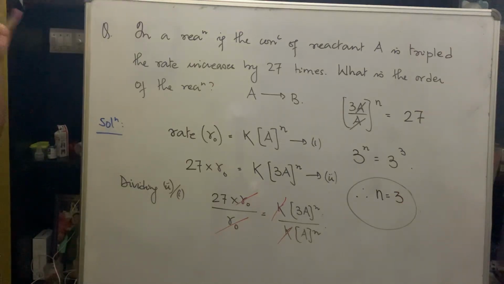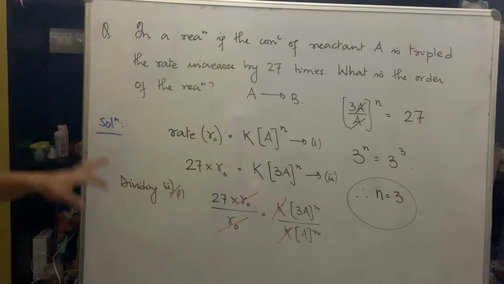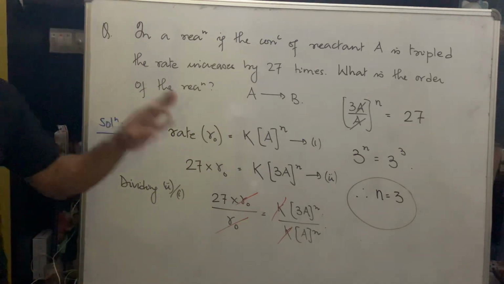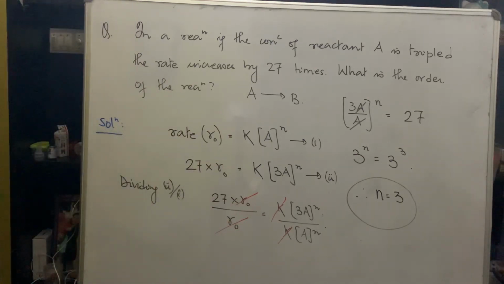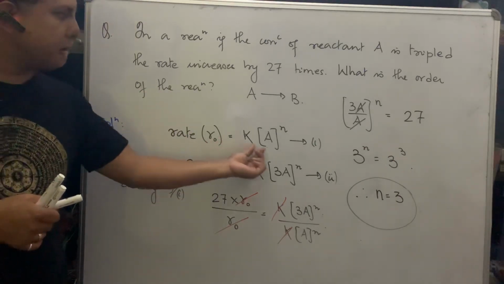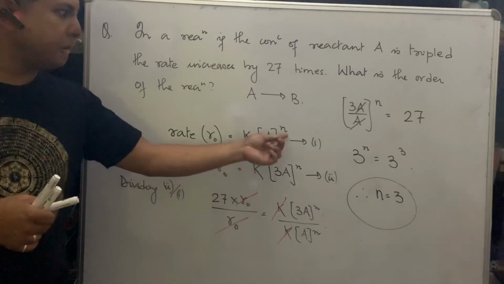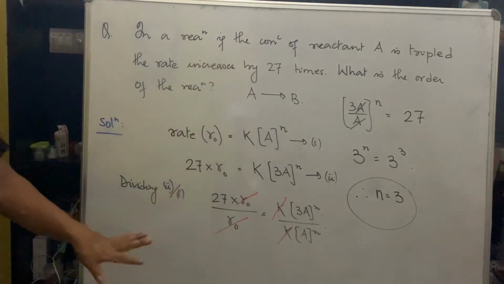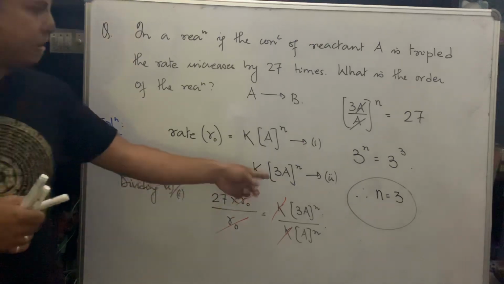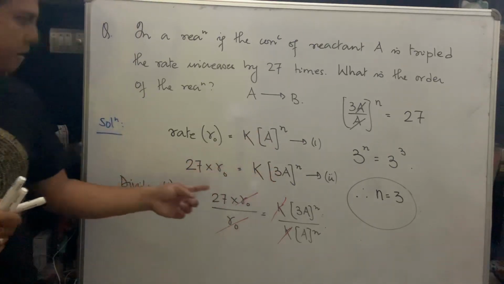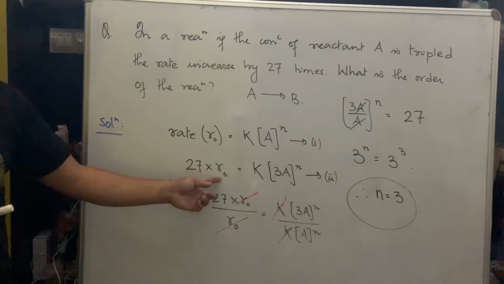So this category of numericals must be solved in this way. First, I'm supposed to calculate the order of the reaction, so I assumed the initial rate is equal to K A to the power N, with the order as N, or X, Y, Z, whatever. According to the question, when the concentration of reactant is tripled, the rate increases by 27 times.